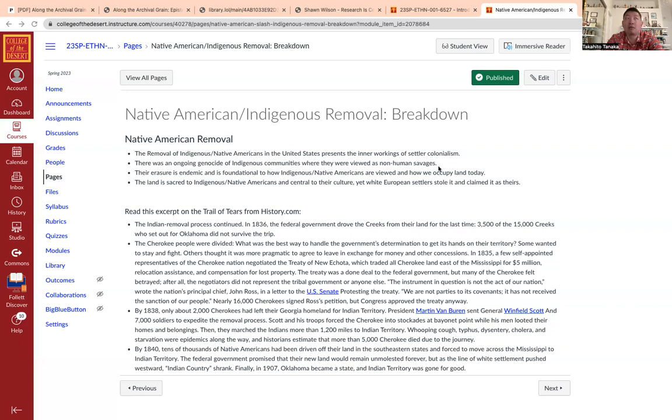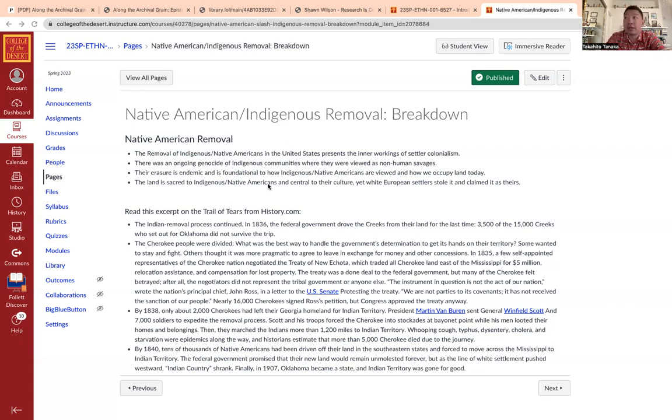And it's very confusing, especially with some of the language that's being used, but it's also very othering, right? When you see something like savages being thrown around to describe a particular group of people. And so then we have the erasure is endemic and is foundational to how indigenous Native Americans are viewed, right? And how we see and occupy land today, and how this plays into even the reservations that are put into place as a result of Native American removal.